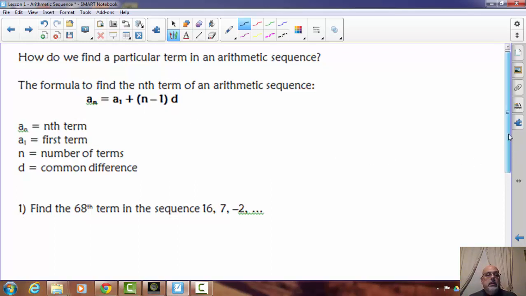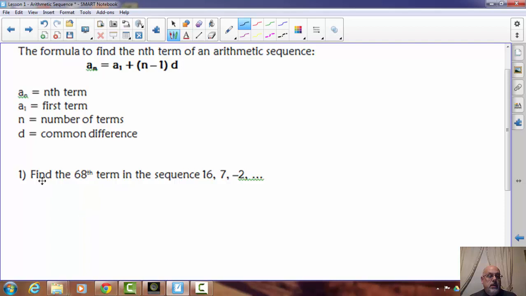So let's take a look at the formula in use. We want to find the 68th term in this sequence. So we're looking for A sub 68, the 68th term. That is the first term, which is 16, plus, oh wait, what's the common difference here?